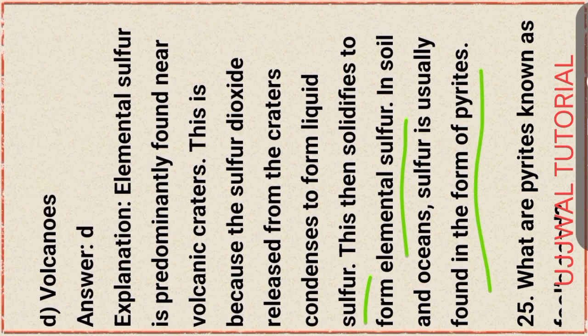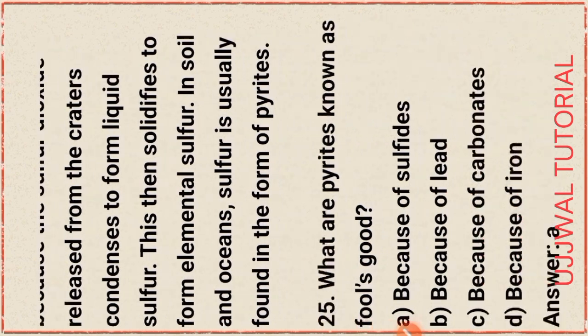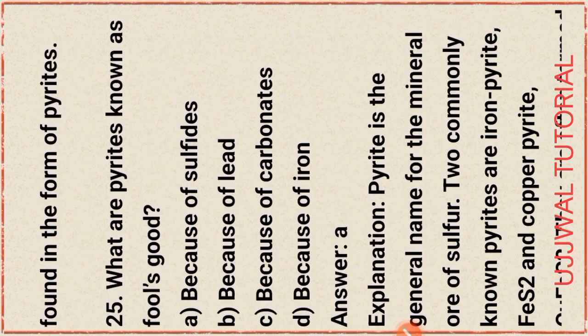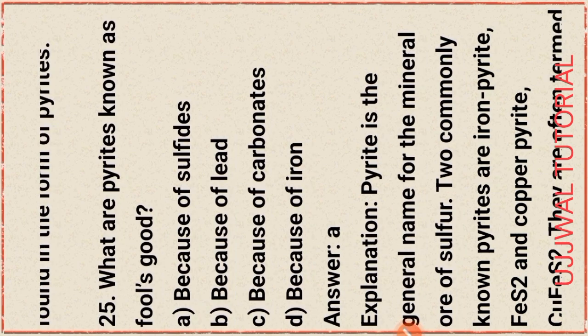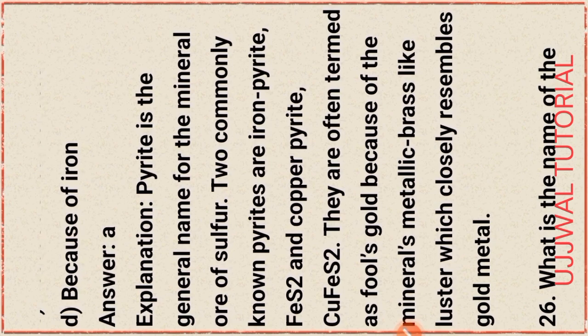Next question, question number 25. What are pyrites known as? False gold. Option A, sulfides. Pyrites is the general name for the mineral ores of sulfur.